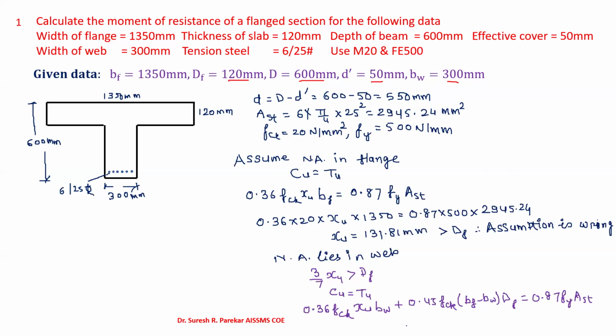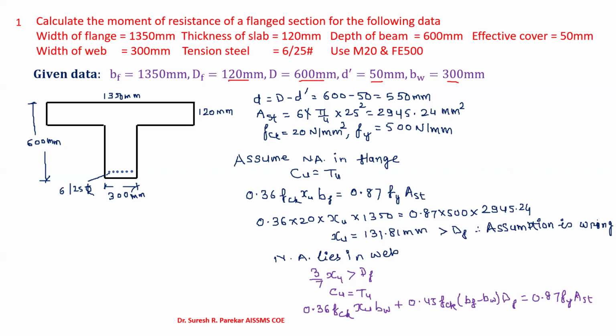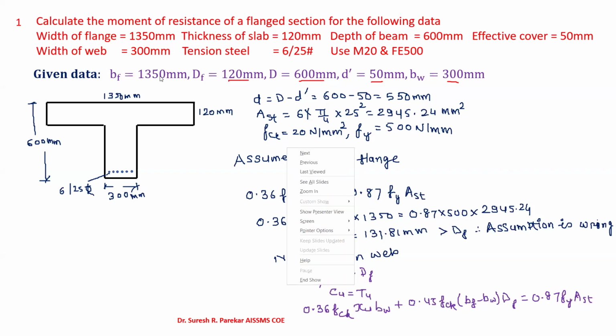If this is not satisfied, then next we require this 0.87 fy Ast, which we also calculate separately. Here we have considered two parts separately.